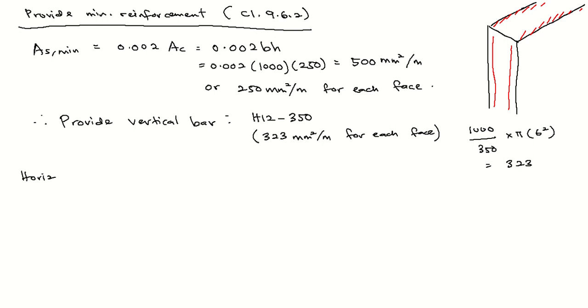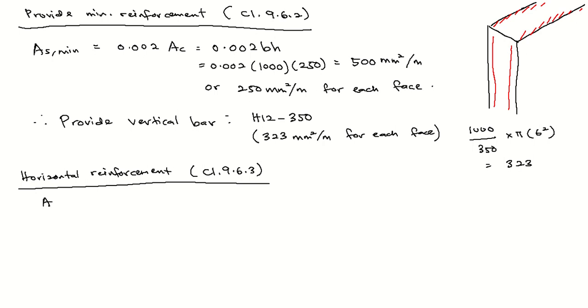For horizontal reinforcement, this is in clause 9.6.3. The ASH min is equal to 0.25, or 25%, of the vertical reinforcement, from the AS provided vertical.